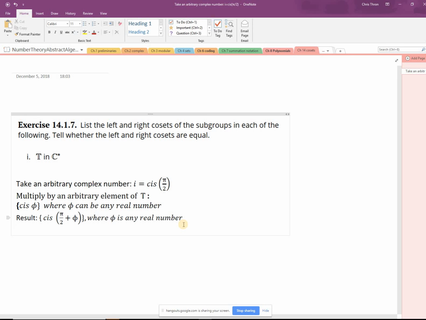Okay. So geometrically, that tells you something. That means every point lies on that circle. Now, does this include every point on the circle of radius 1? Okay, how do you argue that?